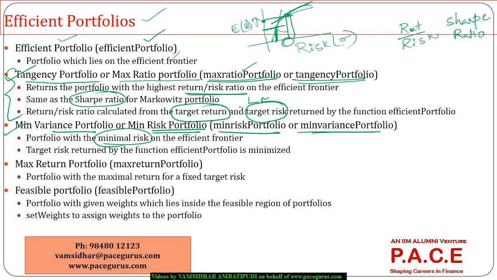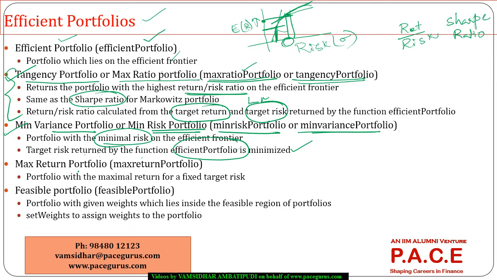It will specify the one that is having the least possible risk for a specific expected target return. So the target risk is returned by the efficient portfolio, where the overall risk is minimized. So I can very well create a minimum variance portfolio as well.